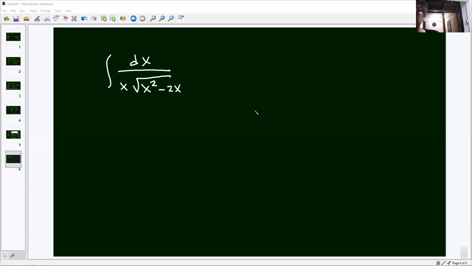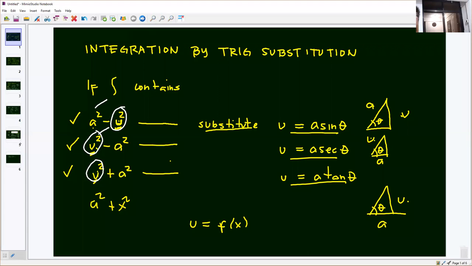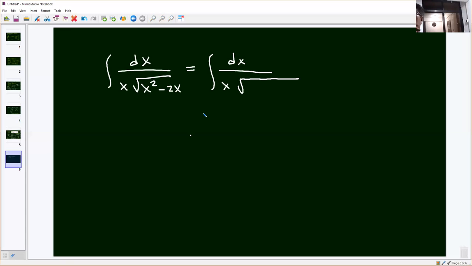Okay, sige, game tayo. Guys, look, syempre, hindi to mangyayari kung di muna natin ayusin yung integral natin into a form that has these three. Which is x squared minus 2x plus 1 nagka-square, and of course that may minus 1.